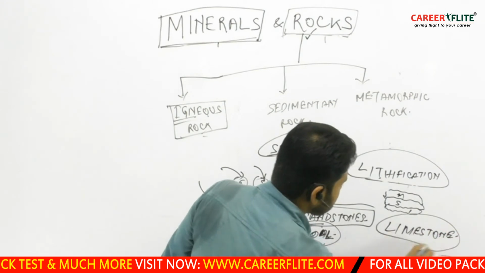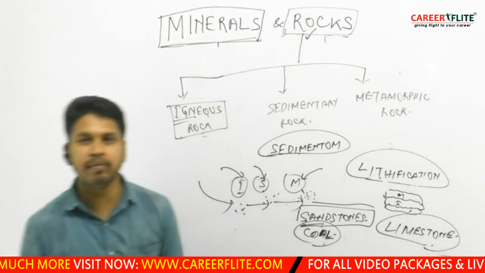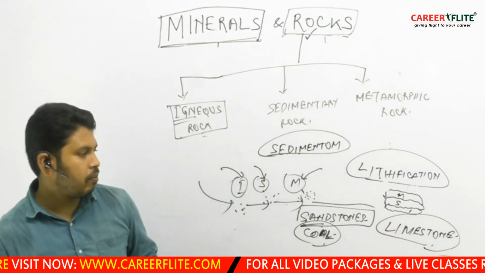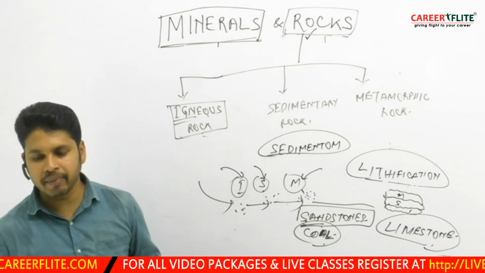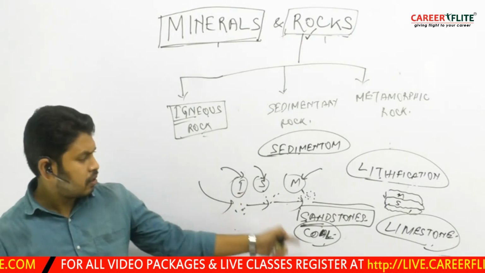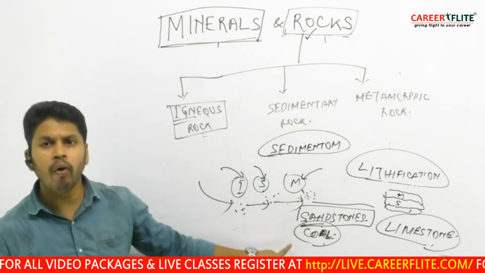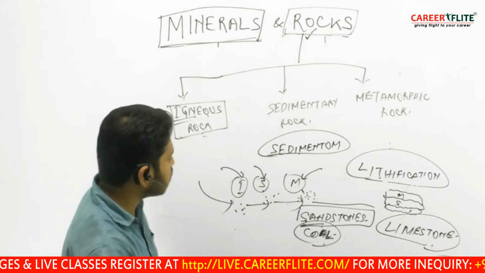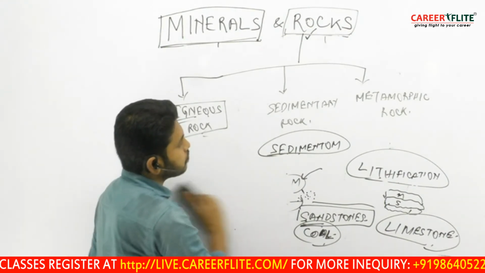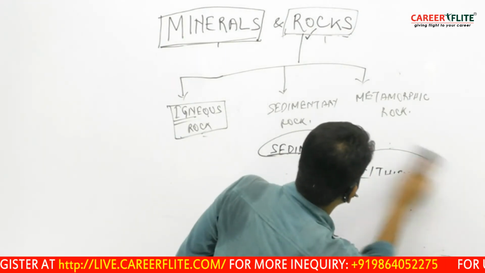The chemical present in limestone is mostly calcium carbonate, which combines to form limestone. So these are the different types of sedimentary rocks. We can classify sedimentary rocks into mechanically formed, organically formed, and chemically formed.